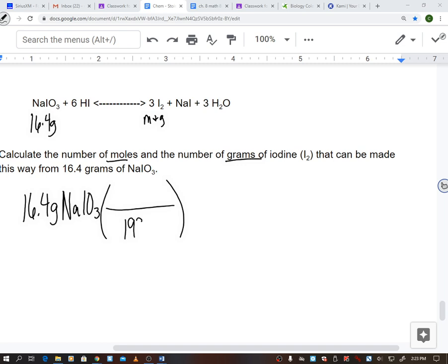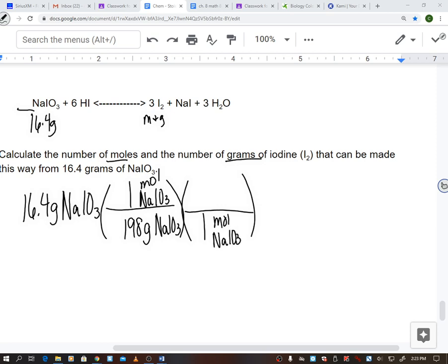That is 198 grams. Always in 1 mole. Now let's do my mole to mole. Once again, I'm getting my numbers from up here, so it's going to be 1. I'm trying to get to iodine, so that is 3. 16.4 divided by 198 times 3 is going to be 0.248 moles of iodine.